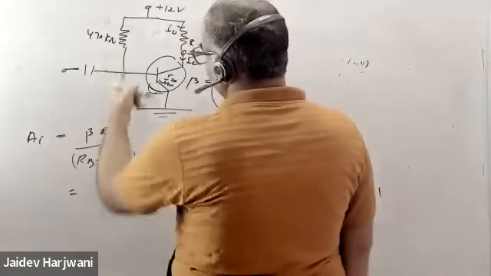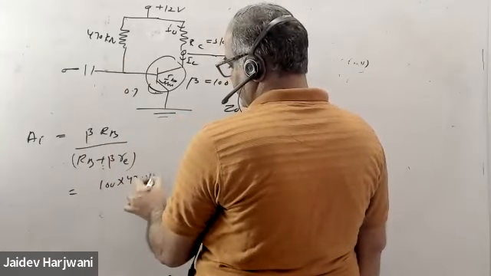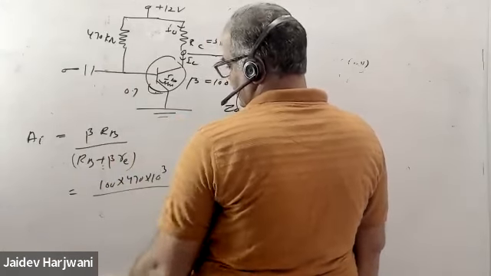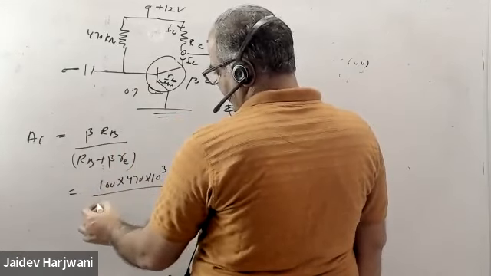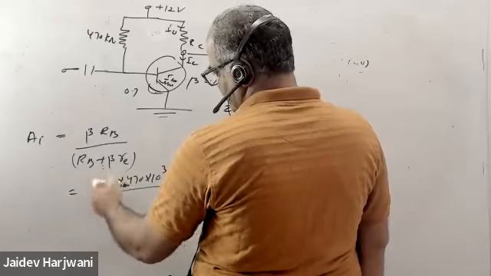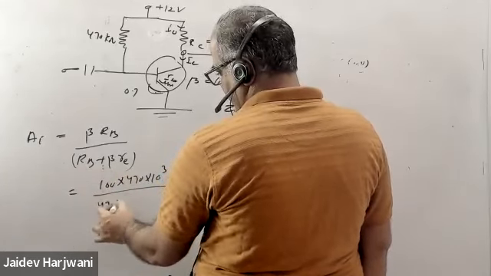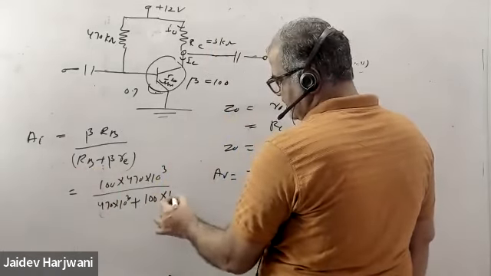RB हमको दे रखा है 470 kilo ohm, beta is 100, and RE is 10.71.